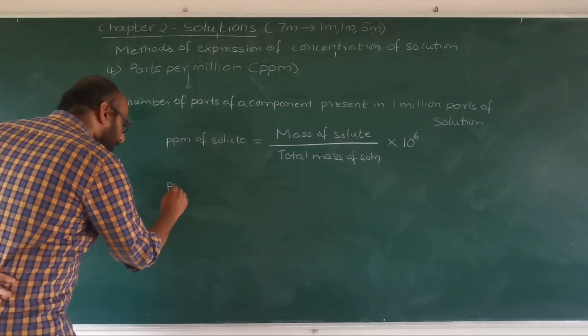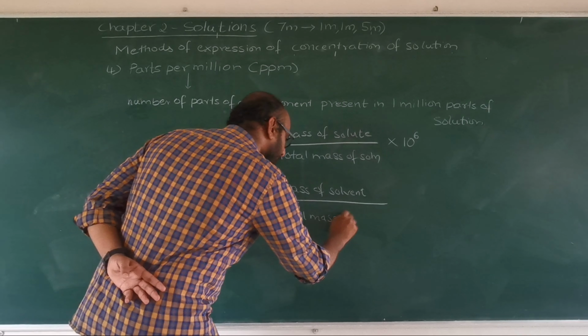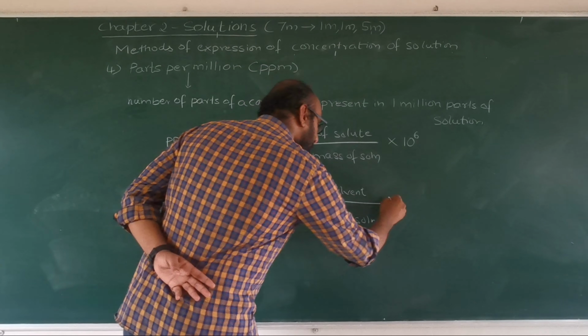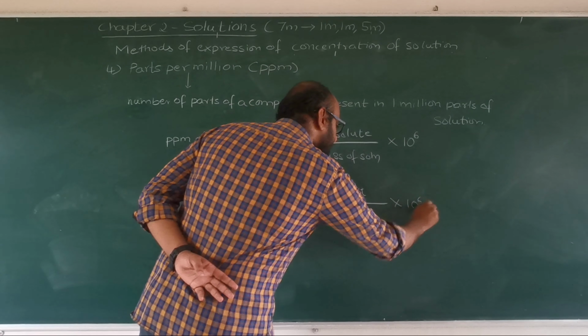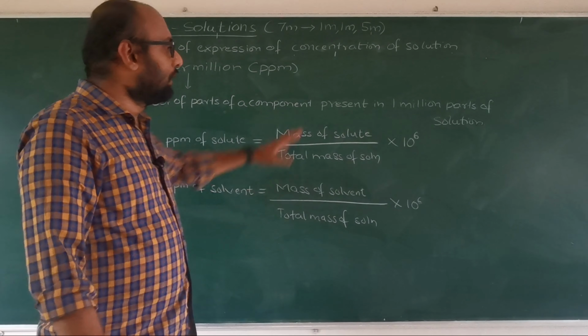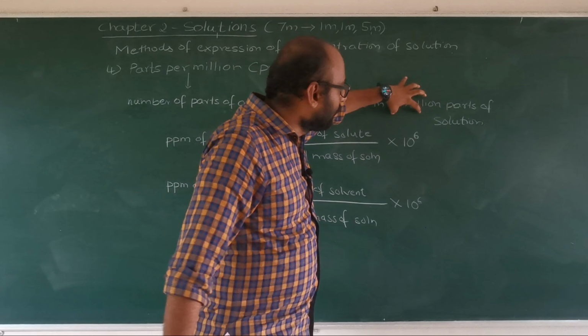If you want to calculate the parts per million of solvent, so instead of taking solute here, you have to take solvent. Very simple. It is equal to mass of solvent divided by, same thing, total mass of solution multiplied by 1 million, because you are taking the solution in terms of 1 million.